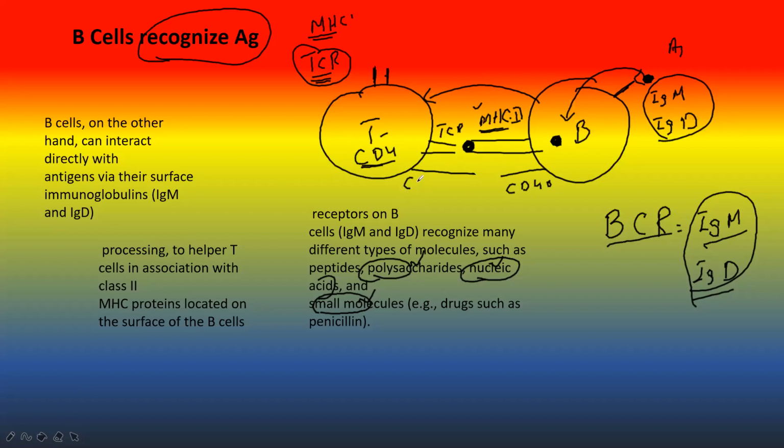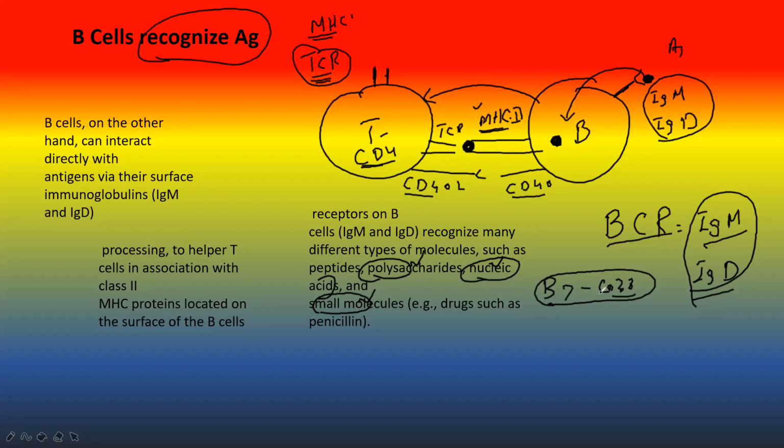The secondary signal here I already explained in the lecture on T cell activation: CD40L and CD40. So this must be the secondary signal here. Here I can't use B7 and CD28. That is just for macrophage. If a macrophage presents antigen to the T cell, the secondary signal is B7 and CD28. And if the dendritic cell presents antigen to the T cell, it is the same secondary signal.